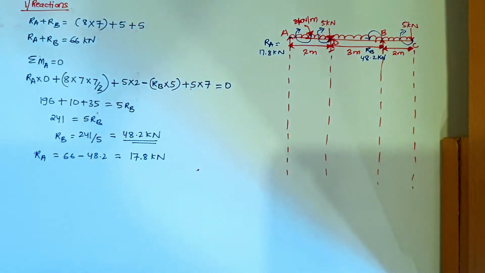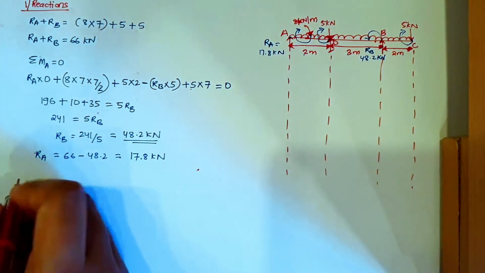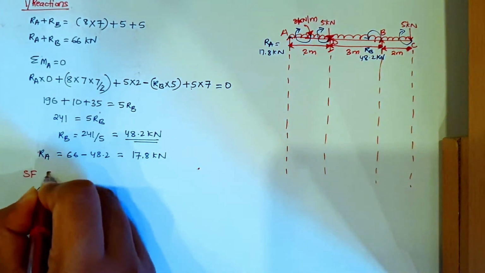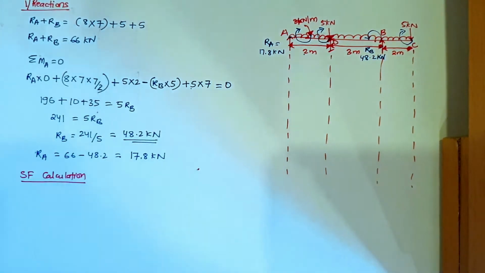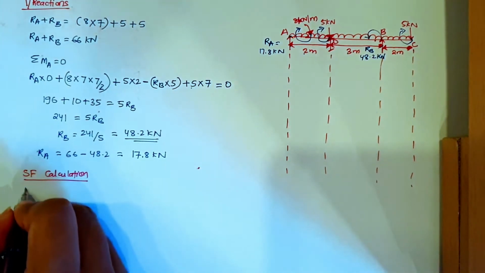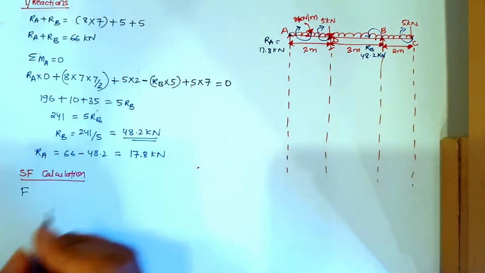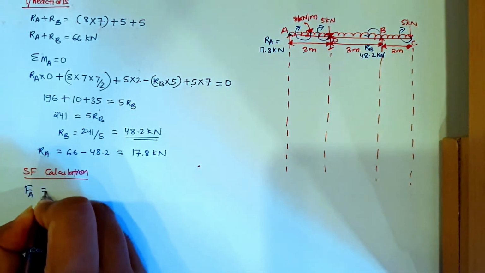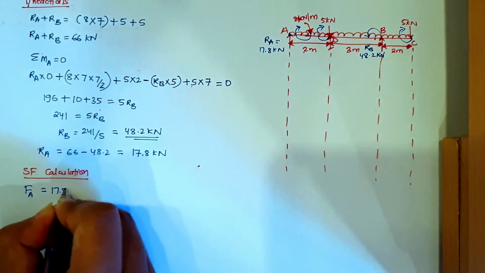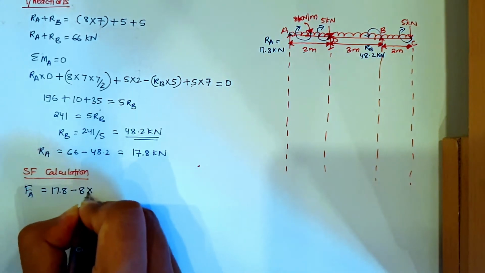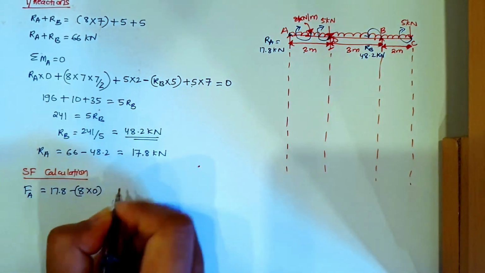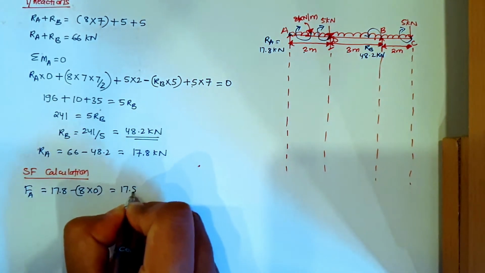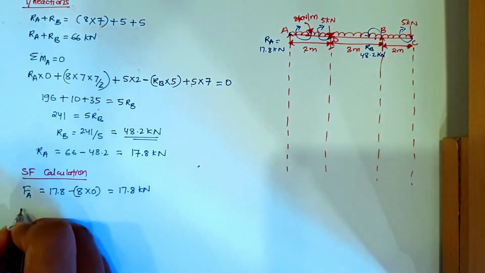Okay, now let us find the shear force calculation. Force at A will be equal to RA, which is 17.8, minus the UDL into its distance. Since it's starting at A, the distance will be 0. So this will be equal to 17.8 kilonewton.